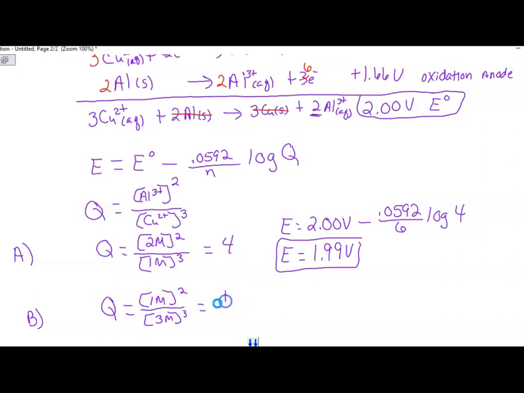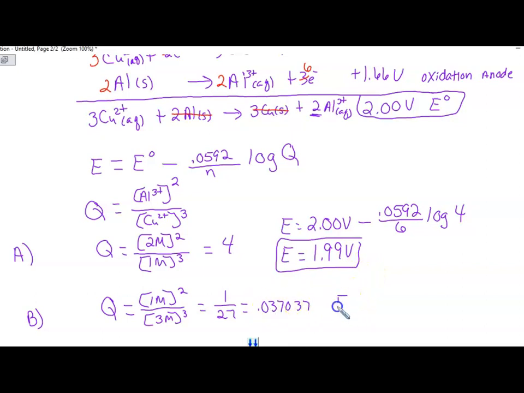So basically I have 1 over 27 here. You could calculate that out, or you can leave it like that. If you calculate it out, you get 0.037037. Sometimes it's easier to just keep it in the calculator rolling.